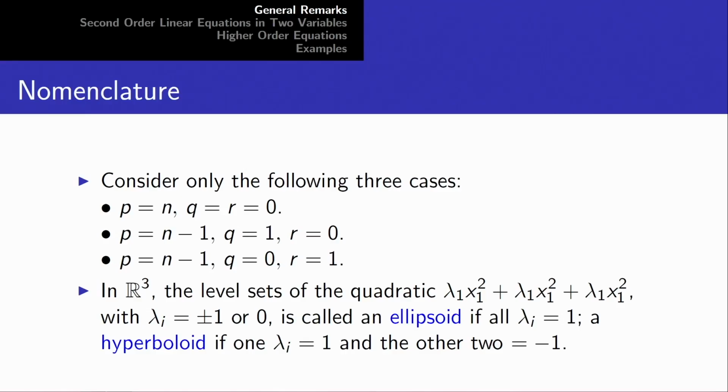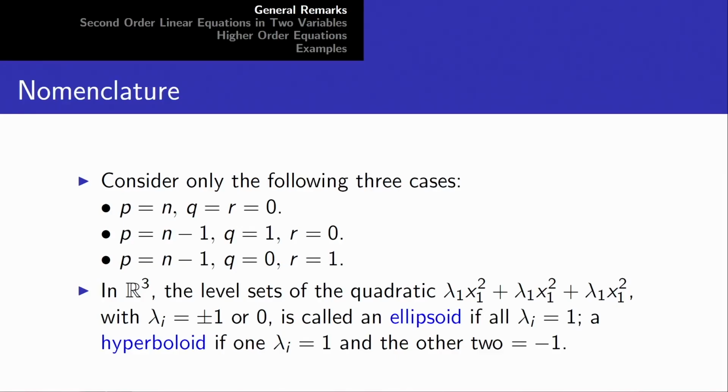Here only 3 cases are considered, namely p equal to n, in which case q equal to r equal to 0; p equal to n minus 1, q equal to 1 and r equal to 0; and p equal to n minus 1, q equal to 0 and r equal to 1.